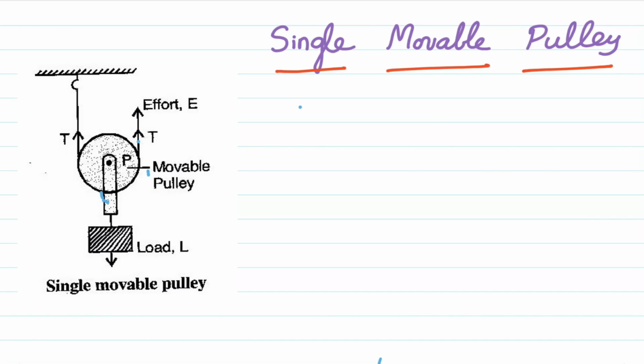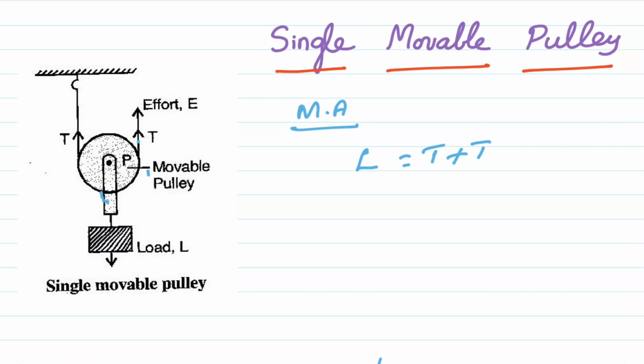To calculate the mechanical advantage of this pulley system, since the load is attached to the frame, the load is balanced by the tension acting on the two segments of the string. The tension T is acting on one segment of the string and the tension acting on the other segment is also T. So the tension acting on both the segments of the string is balancing the load.